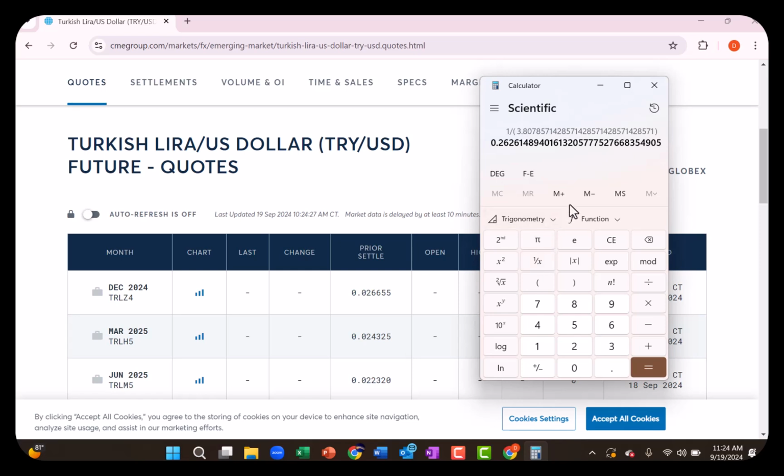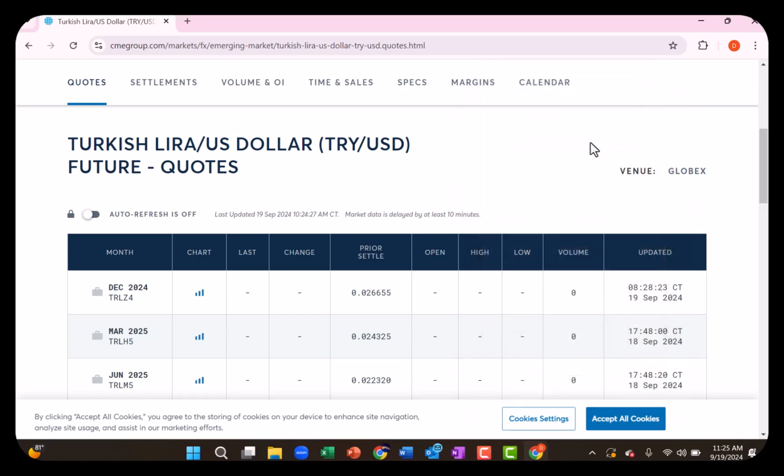So you're putting up about 26%. Why? Because that currency is a lot more volatile. So the exchange is making a determination. The more volatile it is, the more chances that the money in the margin may not be able to cover any losses. But in any case, that margin is daily settled.